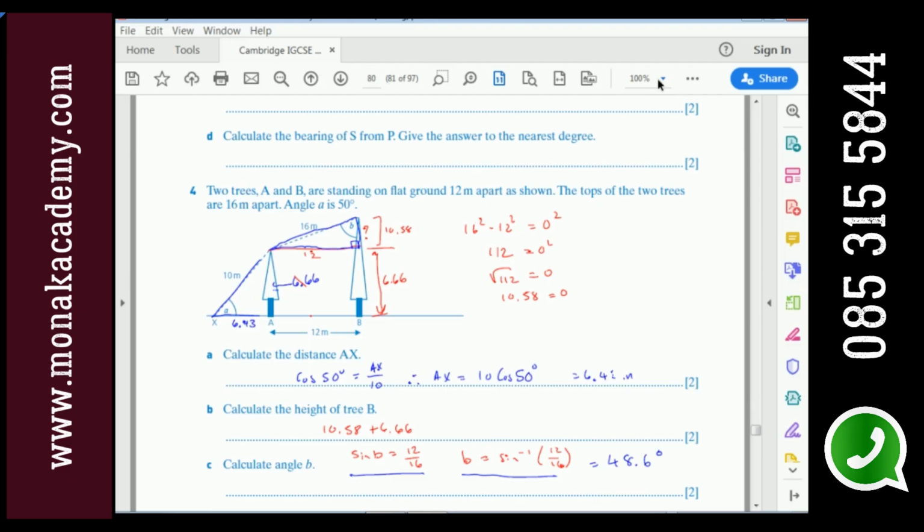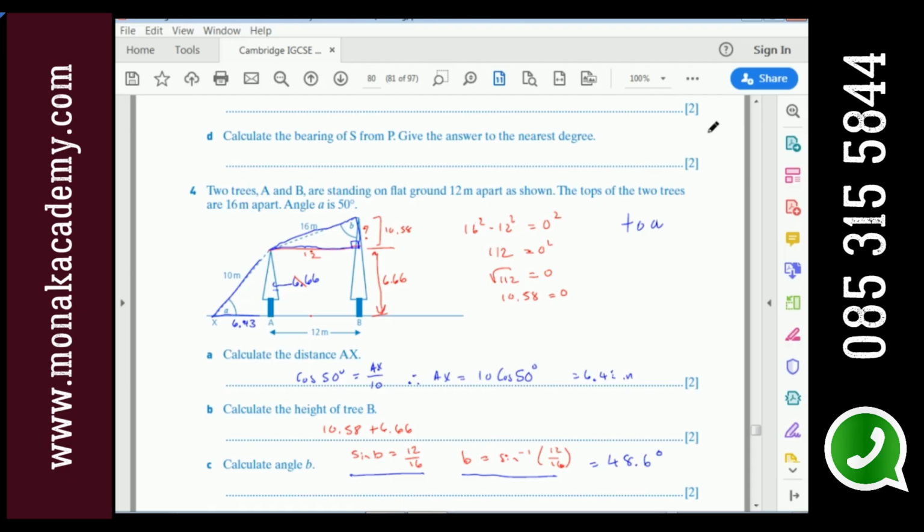Tan is TOA, opposite over adjacent. Is there anywhere where you see hypotenuse there? So you can never find a hypotenuse there. So you can't have it.